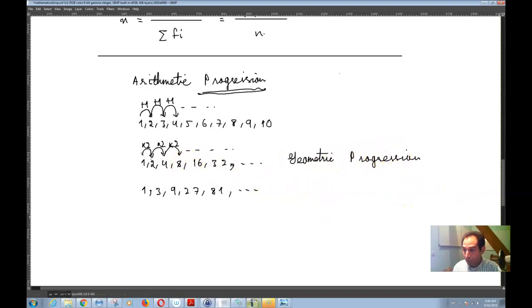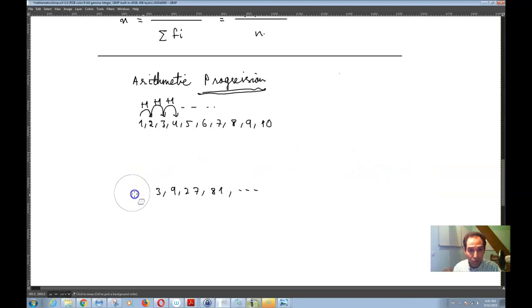So now, what we want to talk about is how to add them. And of course, an arithmetic progression doesn't necessarily have to be 1, 2, 3, 4, 5. It could be, for example, 1, 3, 5, 7, 9, 11, and so on.